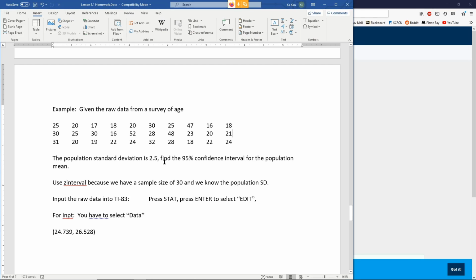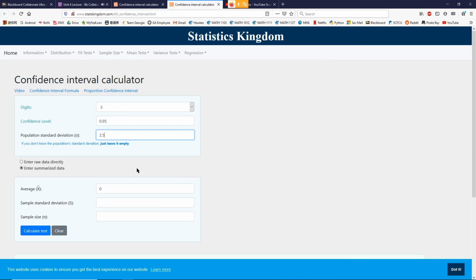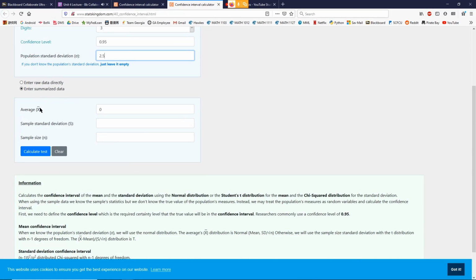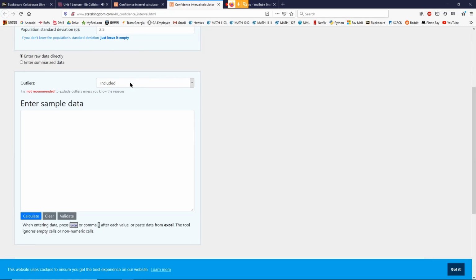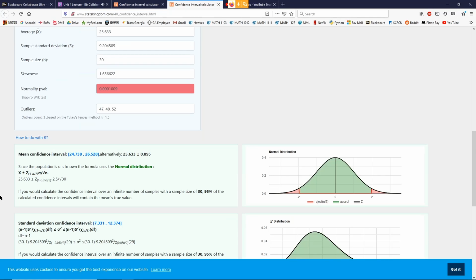What's the population standard deviation? 2.5. So this time it's not summarized data. You have to go to raw data. So you're going to include the outliers because this is a homework problem. So you're going to have to use all of them. In real life, that's when you may have to exclude outliers. Calculate. Got it. Nice, right?